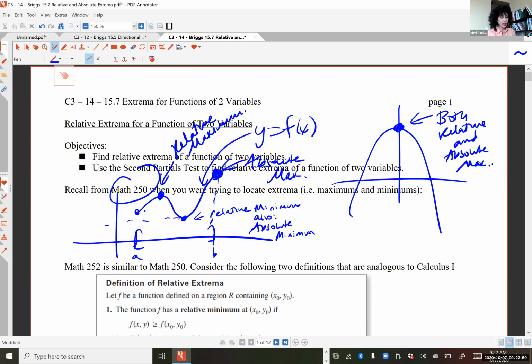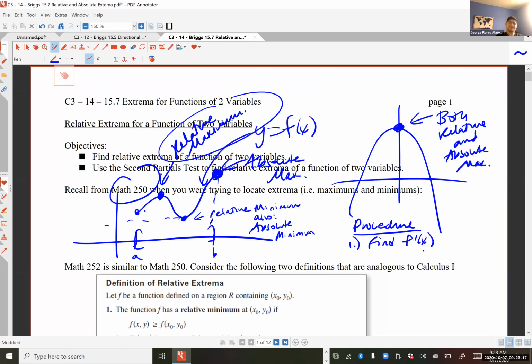So just another quick review. When you took Calc 1, how did you find relative maximums and relative minimums? Just a quick reminder, because our procedure will be similar but not exact. You found the derivative, and then you went to find what's known as critical points.